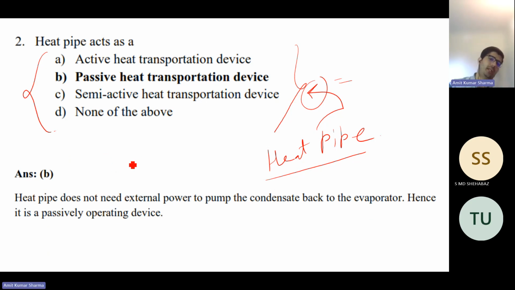A heat pipe does not need any external power to pump the condensate back to the evaporator. Hence, it is a passively operating device, so there is no actively involved power source. The difference is that in one, we need an external power source, that is active, and in passive, we don't need any external power. So the heat pipe acts as a passive heat transportation device. So the correct answer is answer B.